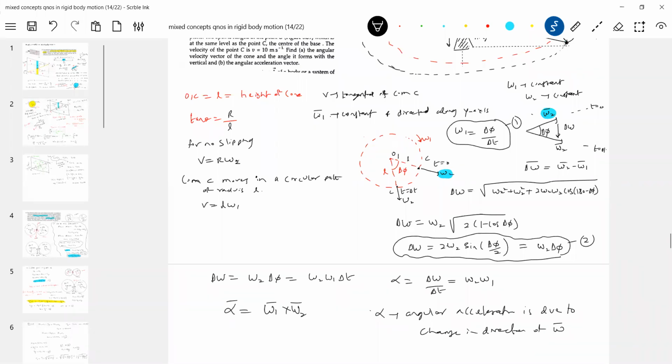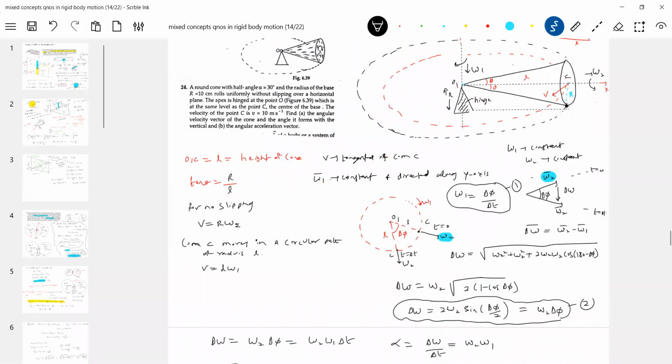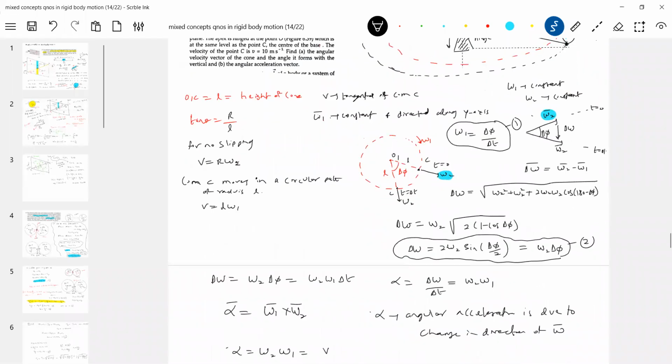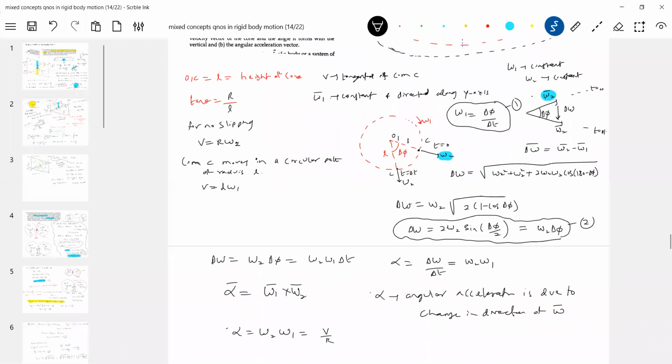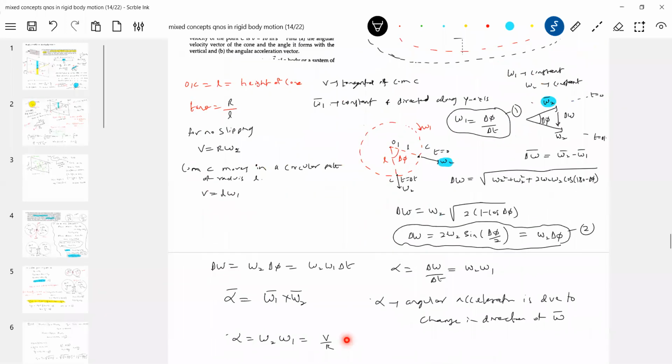So what is alpha? What is omega 2? Omega 2 should be equal to V by R. And what is omega 1? Omega 1 should be, V1 equal to L omega 1, so V by L. And L is equal to R by tan theta.